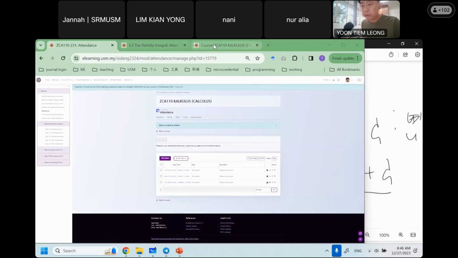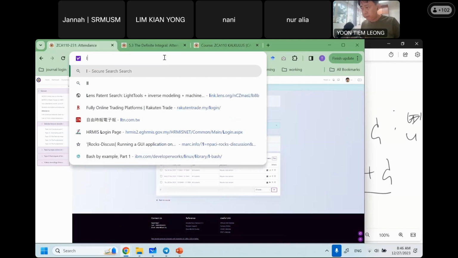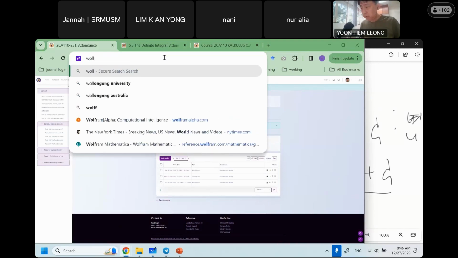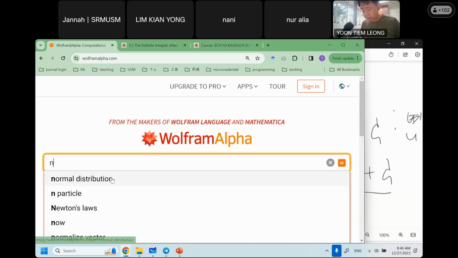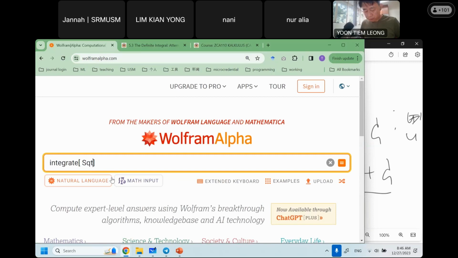So I'm very curious. Therefore, I will call out Wolfram Alpha to help me check the integration. So my integration is to integrate a function which is the square root of 1 plus y squared multiplied by 2y, and I'm going to integrate it with respect to y.